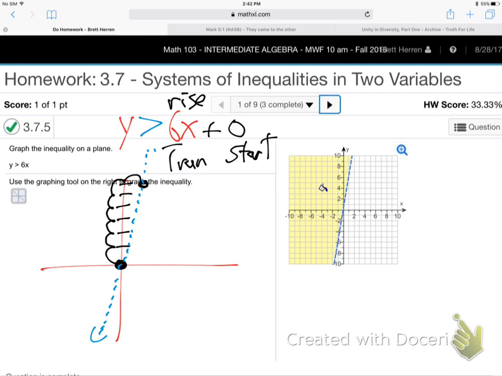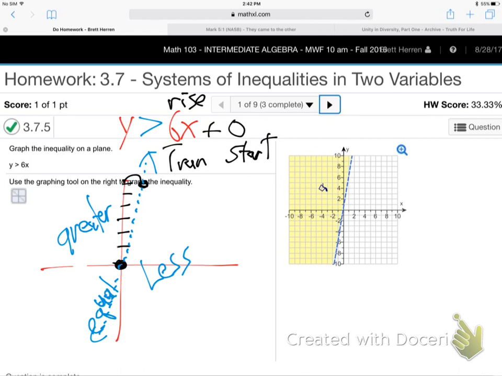In fact, let me put it to you this way. Basically, the line breaks the whole graph world, the whole plane, into 3 zones. It breaks it into the stuff that's greater, that's above the line, less, that's below the line, and right on the line is the equal stuff.